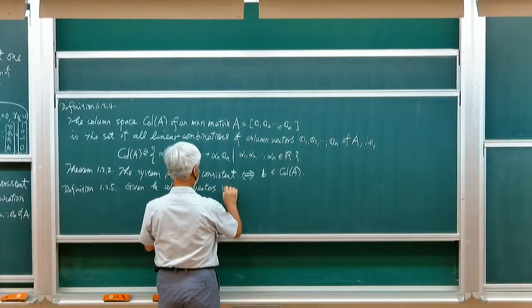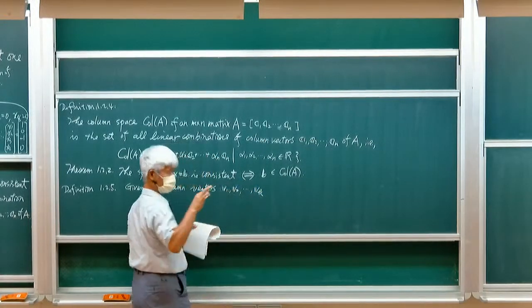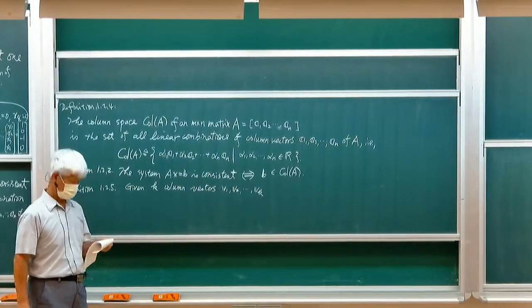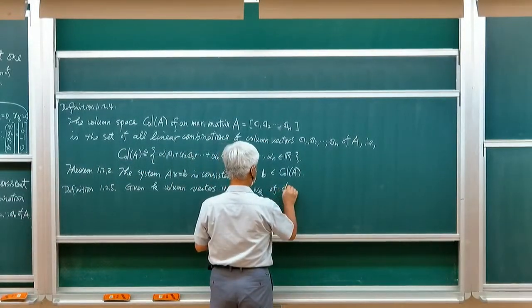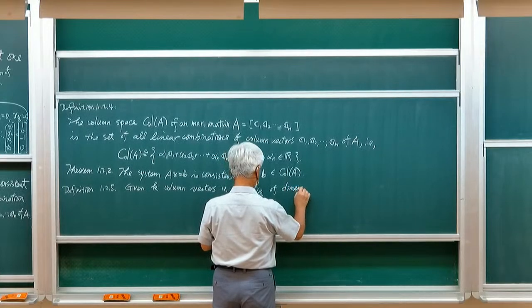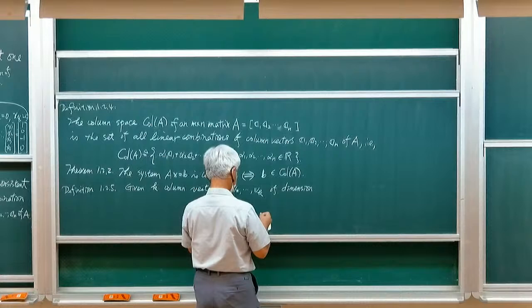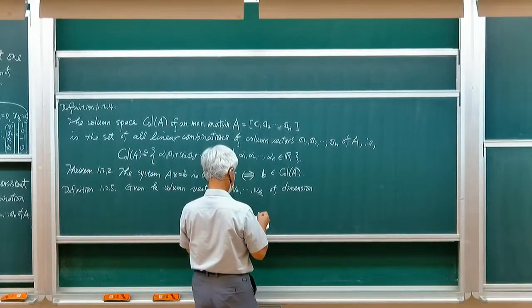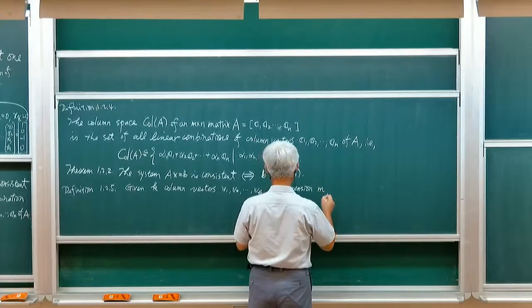say V1, V2 up to Vk. So suppose we take k column vectors of dimension m. Okay.